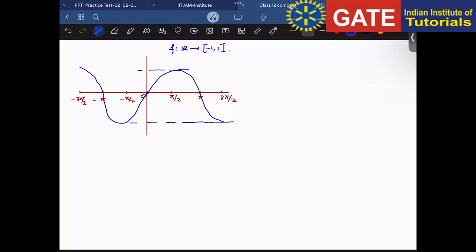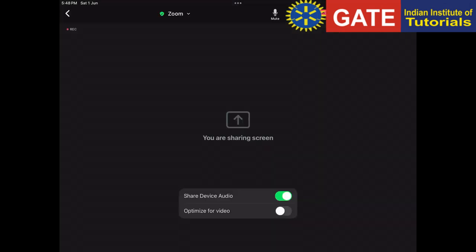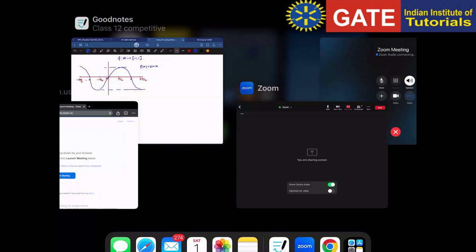This is the graph for f(x) = sin x. Correct. f(x) = sin x graph it is.